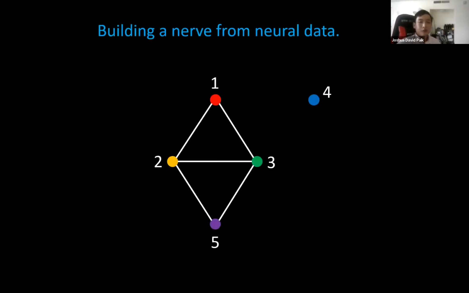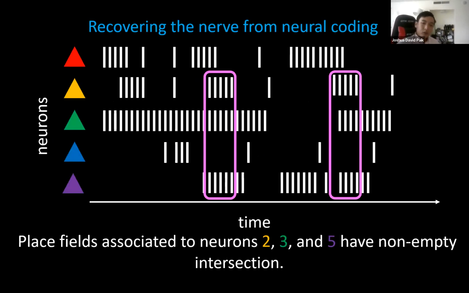So okay, let me back up. For instance, here we see that 1, 2, 3 has a non-trivial intersection, but maybe if I recorded more data, 1, 2 is in there.